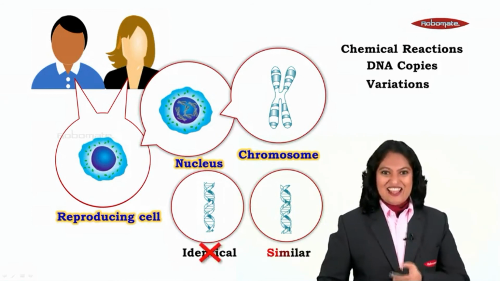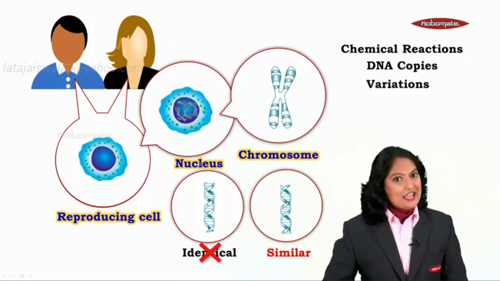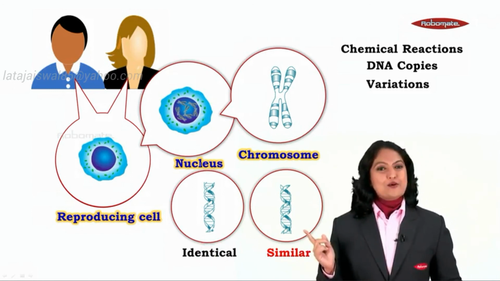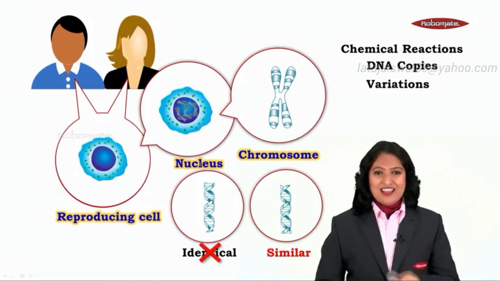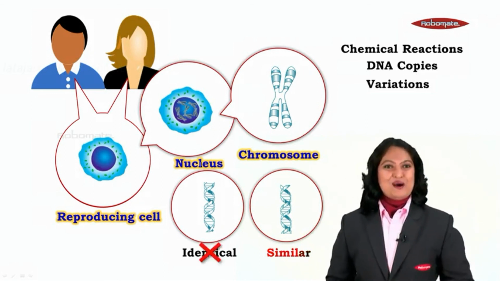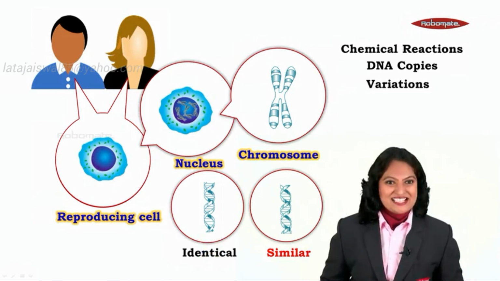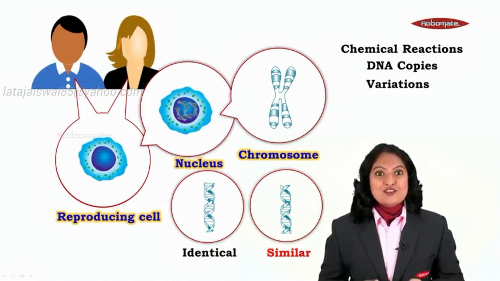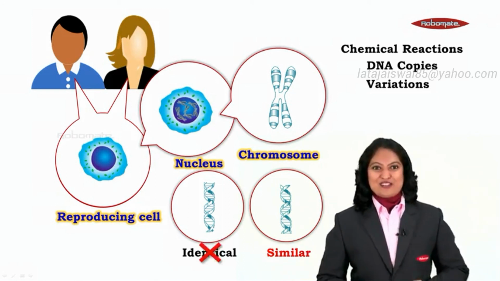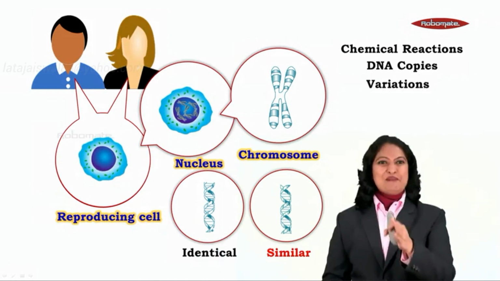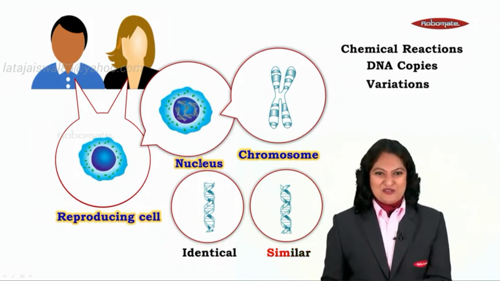Instead, they are similar. And if the newborn cells are going to have similar DNA copies and not identical, then the organisms produced will also be similar but not identical. This gives rise to variations, and variation creates biodiversity. So in the next module, let us understand the importance of variation.